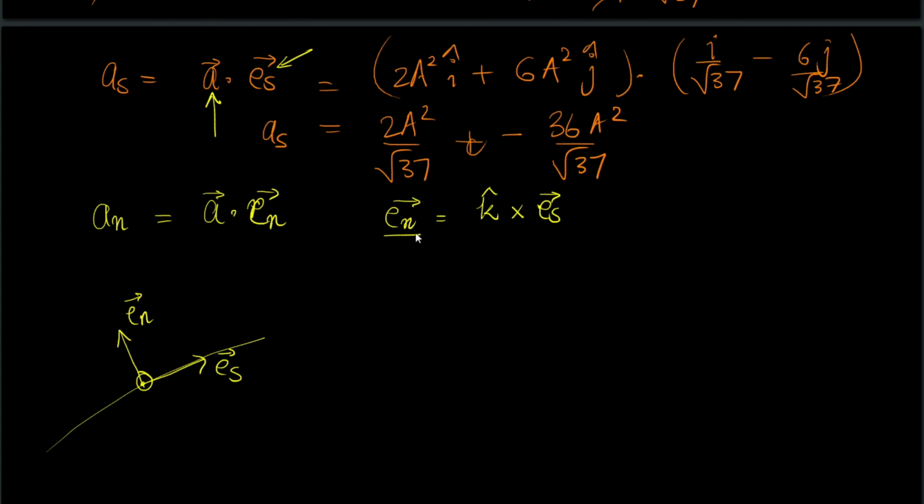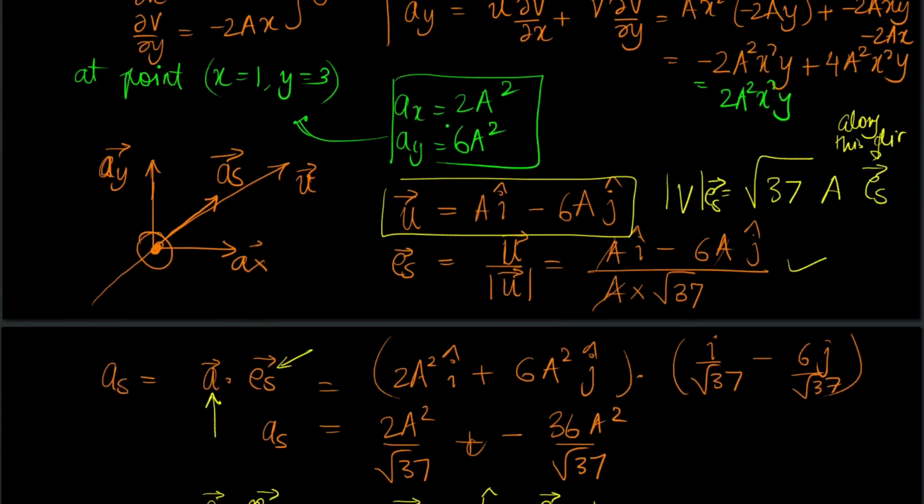After having found out the en direction, we can find out the an component as well. So I'll let you do this particular bit of computation, it's rather easy. So once we have the an component, we know that the an component is going to be equal to minus v square by r, where v is the magnitude of the velocity and it is given as square root of 37 times a, and we know that it's in the es direction.